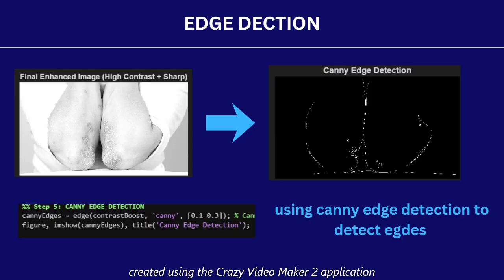We also considered the Laplacian edge detector, but for medical images, Canny edge detection is highly preferred because it highlights organ boundaries, tissue outlines, and unusual shapes that may indicate abnormalities. This helps to guide the segmentation process.